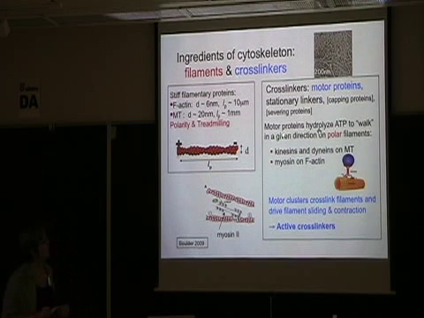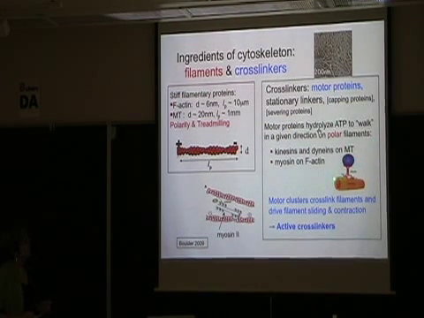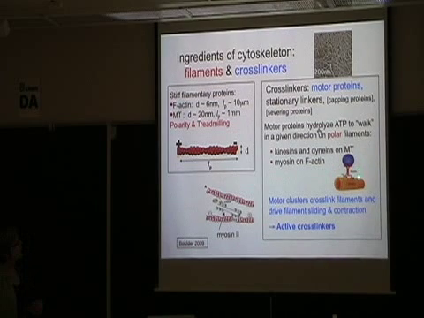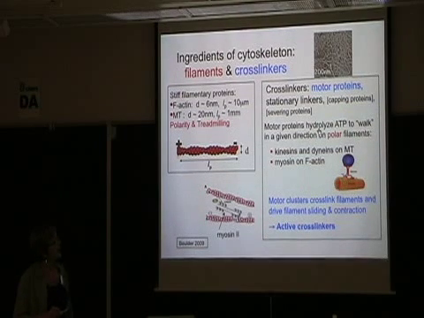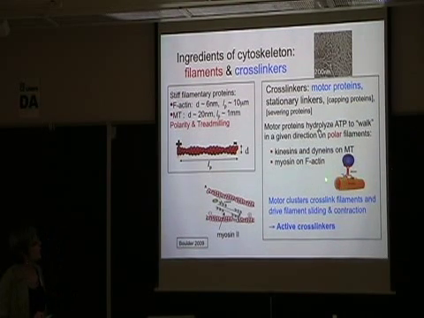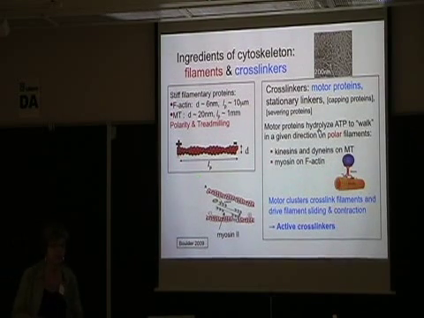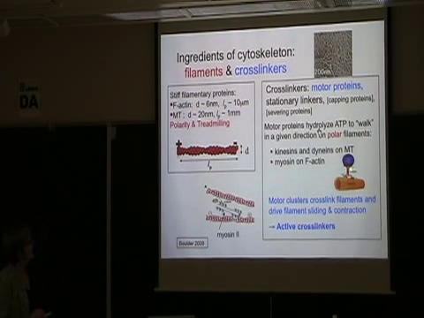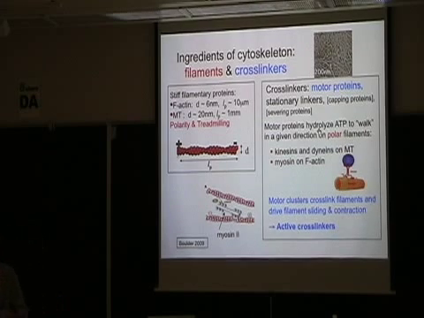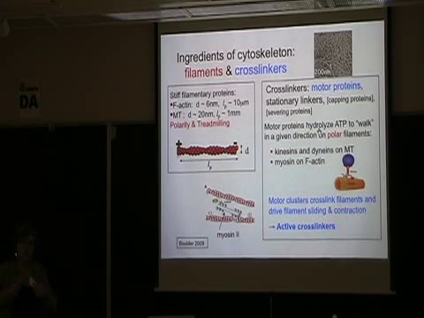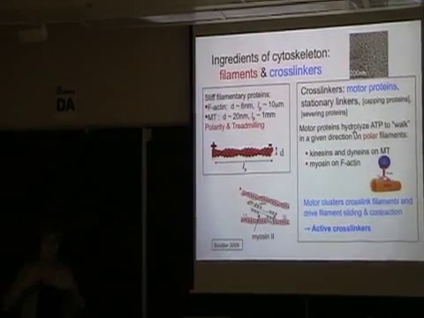Most of you know what a motor protein is, but very simply, motor proteins are things like kinesin and myosin that are capable of transforming the chemical energy from the hydrolysis of ATP into mechanical work and literally walk along one of these filaments in a directed fashion, always towards either the plus or minus end, depending on the particular motor protein in question.